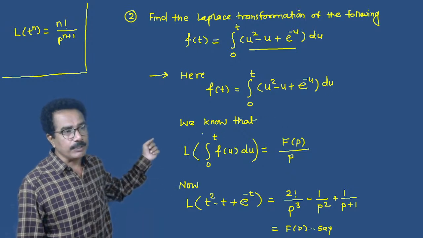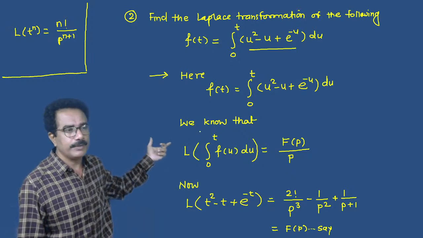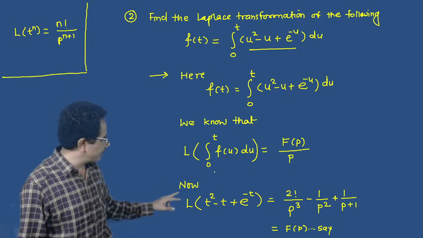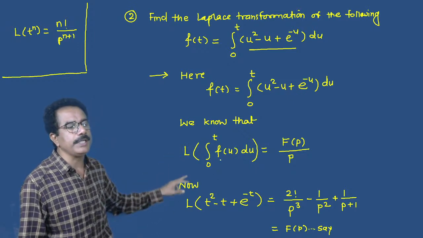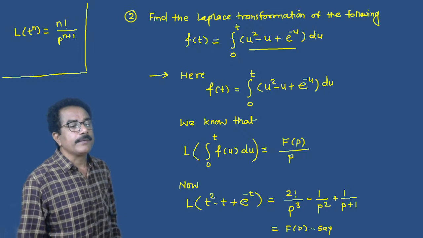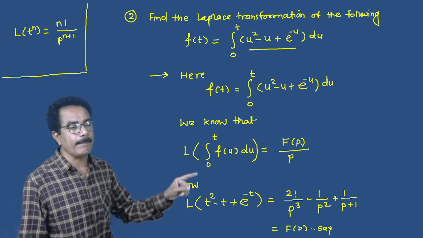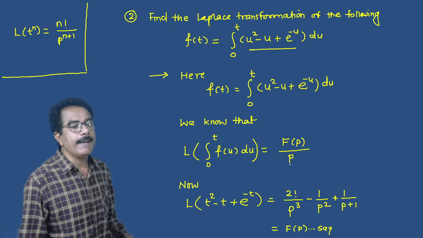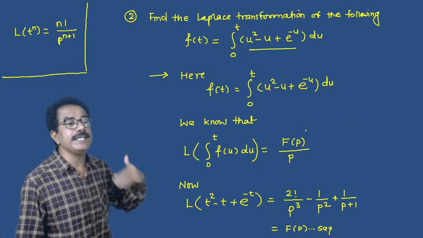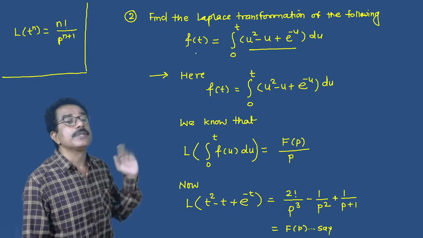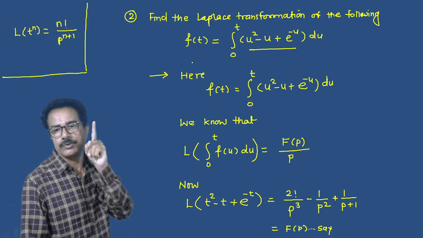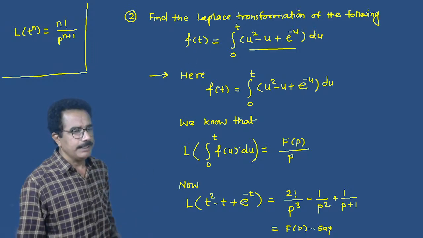We have seen the theorem: the Laplace transformation of the integral from 0 to t of f of u du can be written as capital F of p divided by p. Here capital F is the Laplace transformation of small f. You must remember this. Okay.